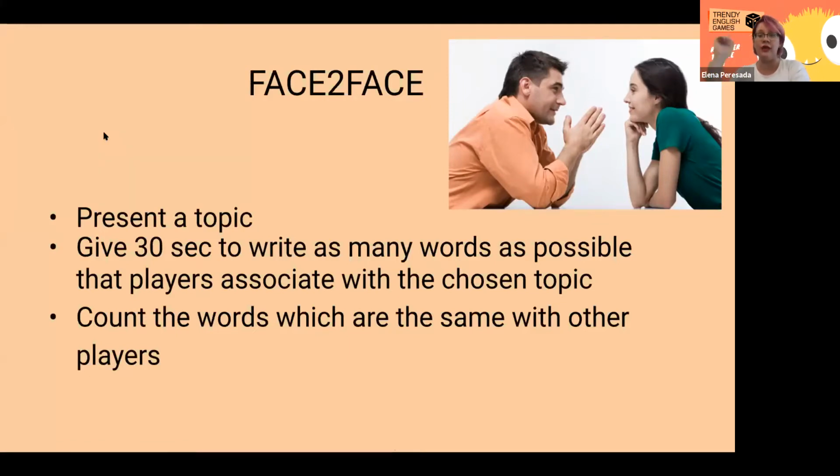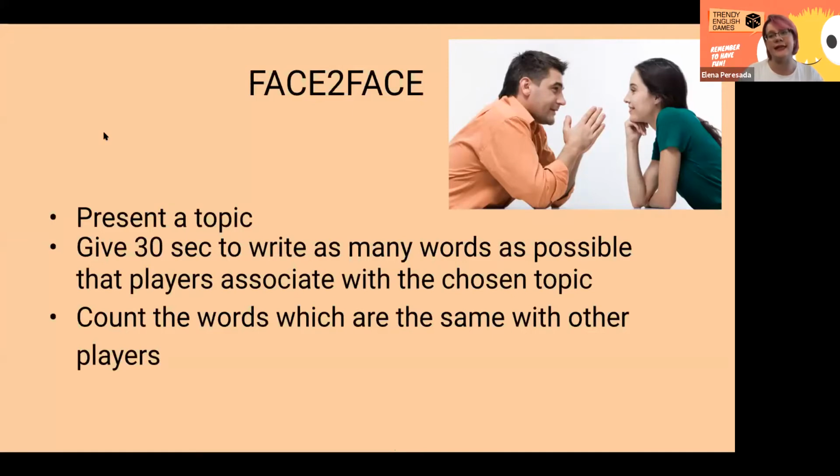If there is more than one person in the group with the word fun, everyone gets a point. The idea of the game is not to write a unique thing, but to write a word which you are 90% sure somebody else is going to write.